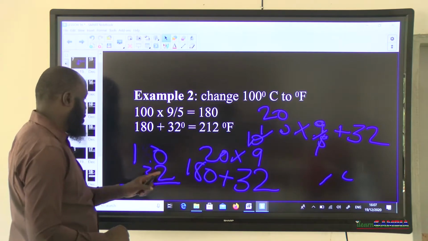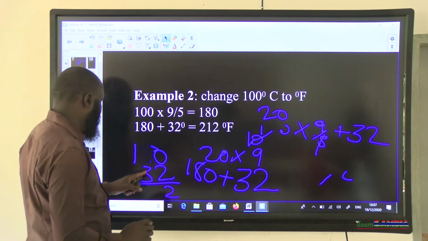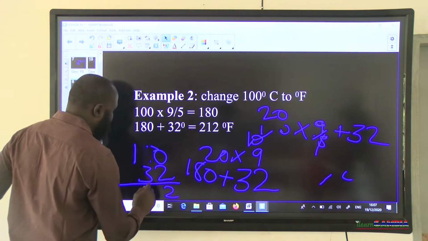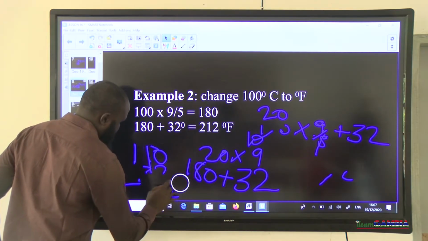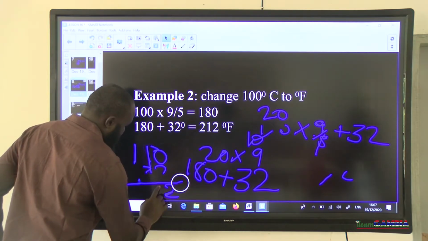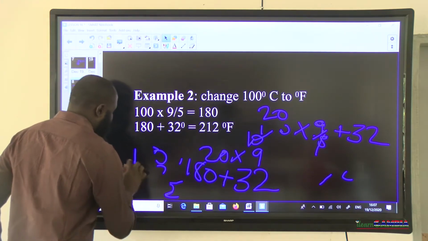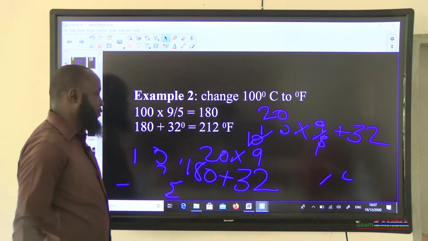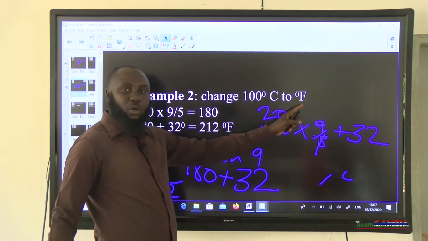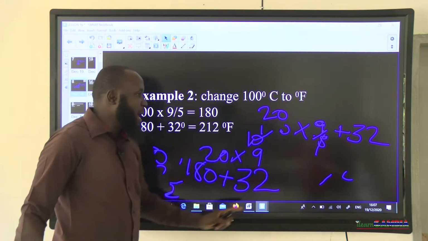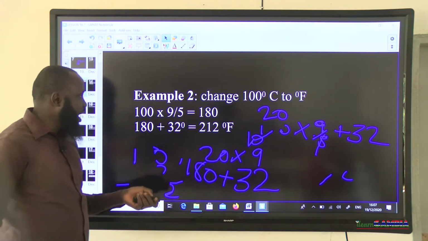This will give us 2 plus 0, that is 2, and 3 plus 8, that will give us 11, 1 and carry 1. 1 plus 1 is 2. So this gives us the answer as 212. The answer is 212. So it means 100 degrees Celsius or centigrade, when you convert it to degrees Fahrenheit, gives you 212 degrees Fahrenheit. Let's look at other examples as well.